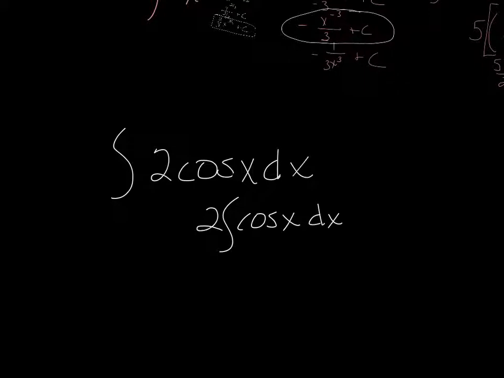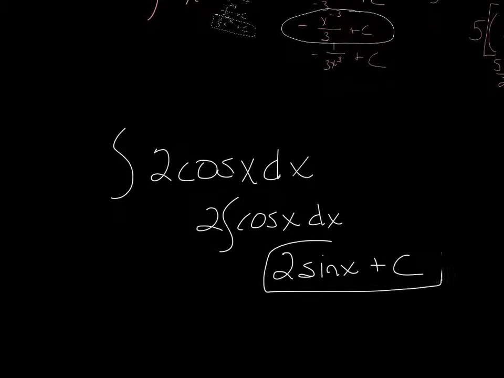Or are you doing sine x? Sine x. So twice the sine x plus c, because what's the derivative of the sine? A negative cosine? The derivative of the sine is cosine. All right?